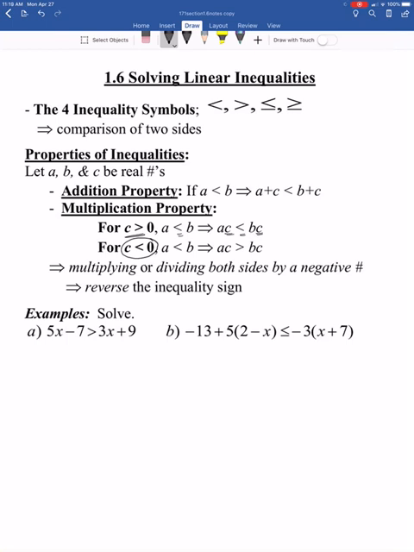If c is a number less than 0, or negative, and you take this inequality of a less than b, and multiply both sides by that negative number, it reverses the inequality symbol. So multiplying or dividing by a negative number reverses or flips the inequality sign.